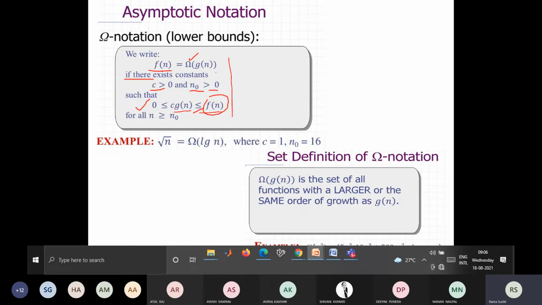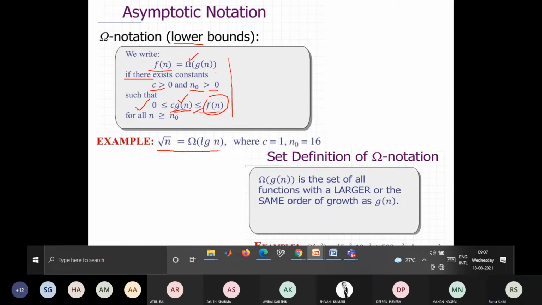What does it mean? The function is going to represent the lower limit, because the value is always greater or equal. So omega notation is putting a lower bound on the value, which gives the idea that the function has the lower bound c dot g(n). g(n) is the standard function. Rest all will remain the same as the discussion we have made earlier.